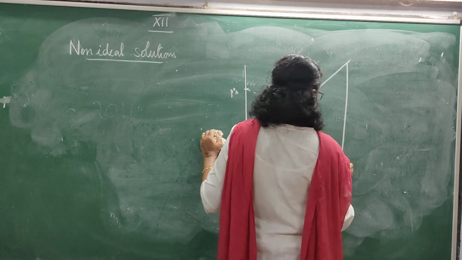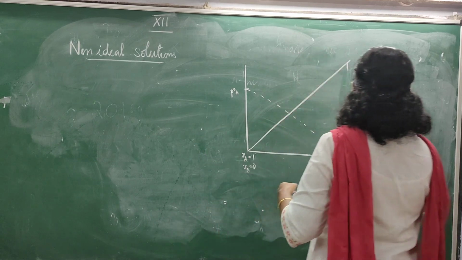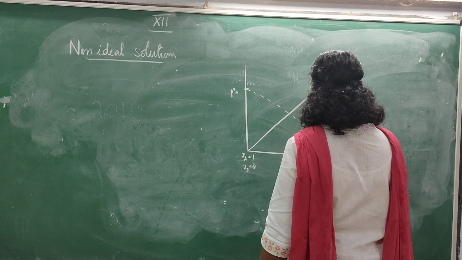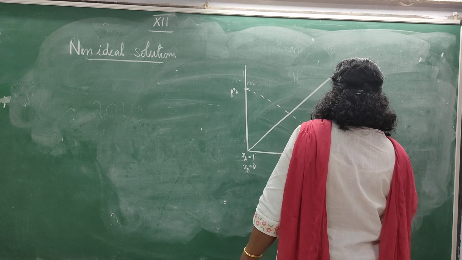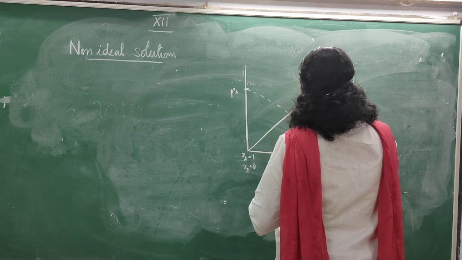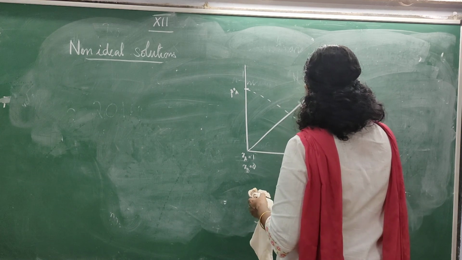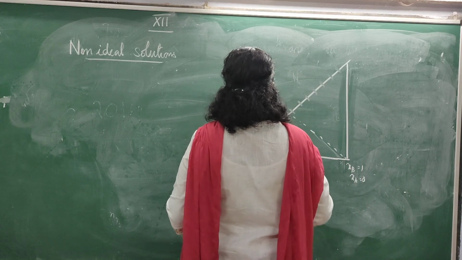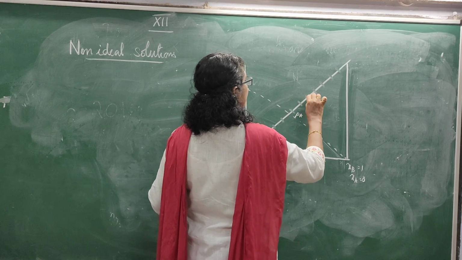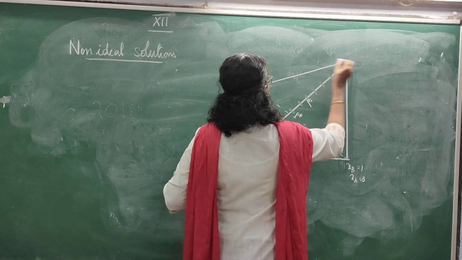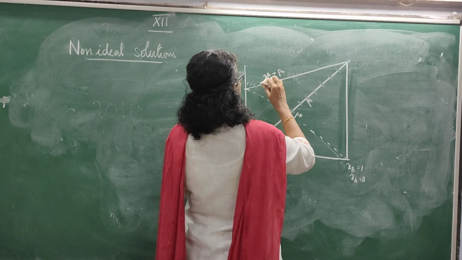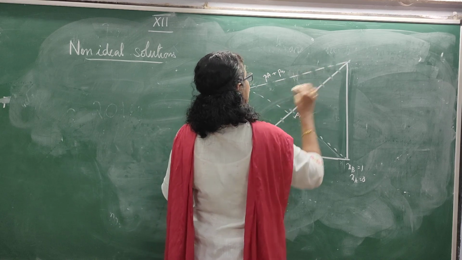This is N-hexane, XB equal to 1 and XA equal to 0. Then this is the ideal solution, and this is PA, this is PB, and this will be PA plus PB. This is the ideal. That is what we expect.